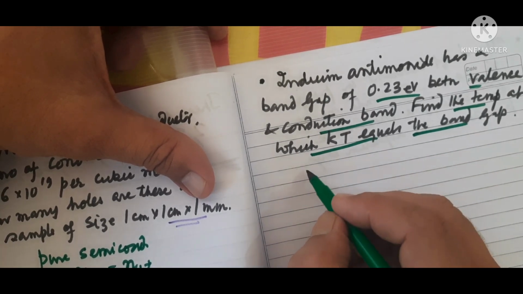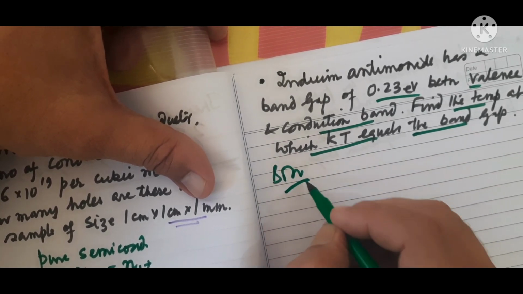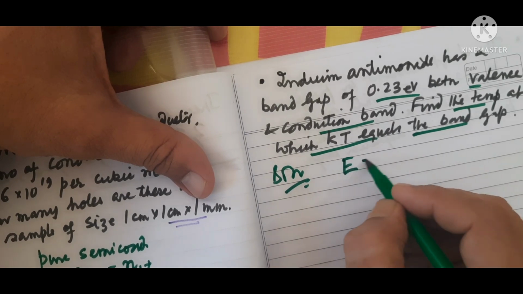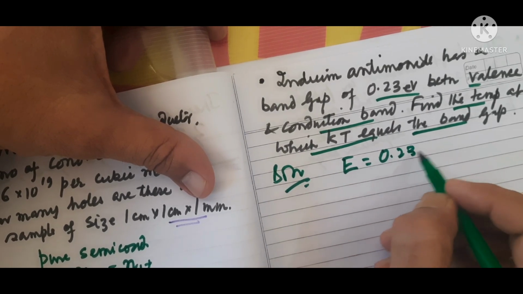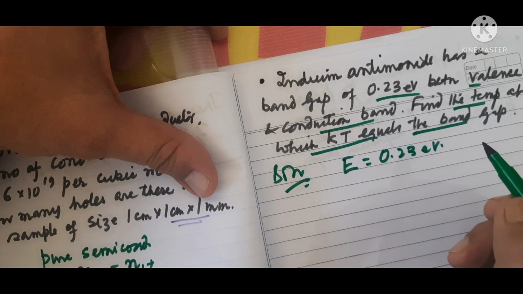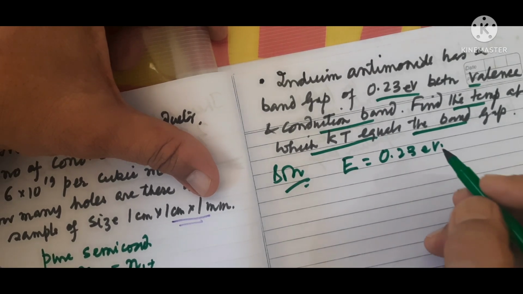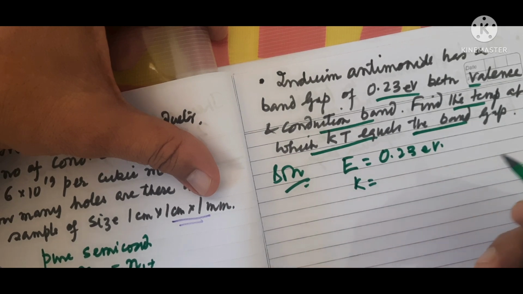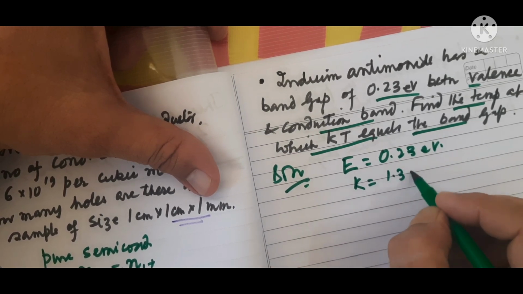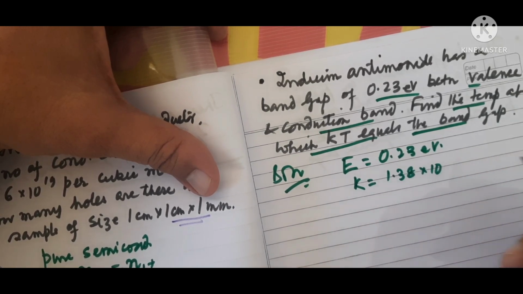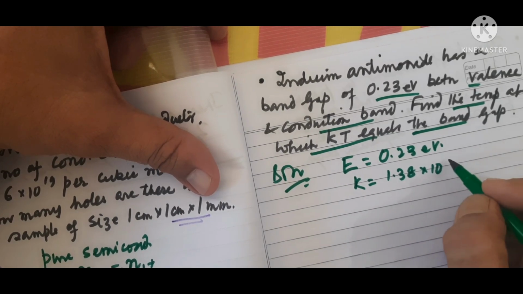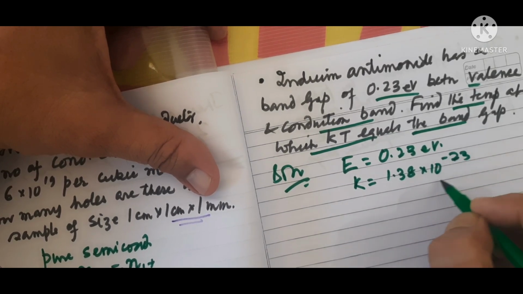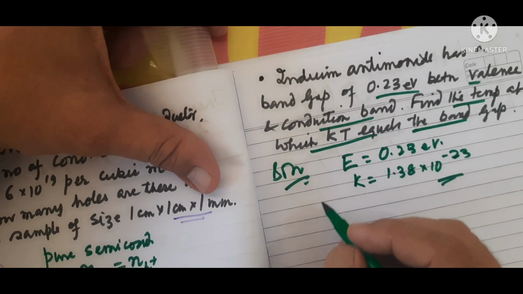So, here the energy is given, 0.23 electron volt, right, and the value of K, the Boltzmann constant, we also know, is approximately 1.38 into 10 to the power minus 23.